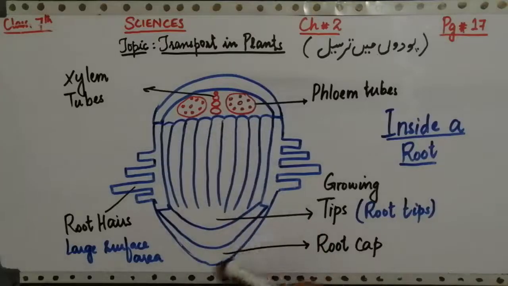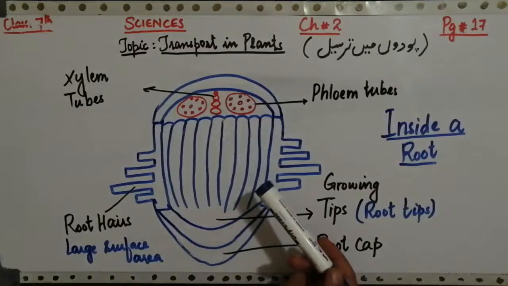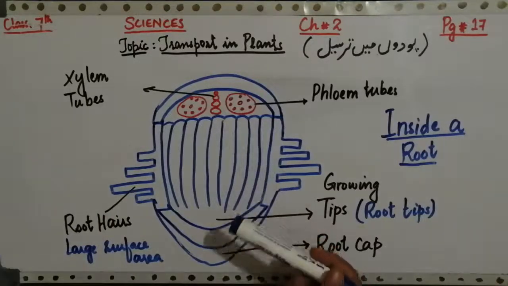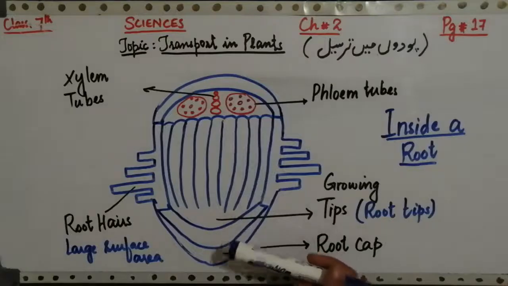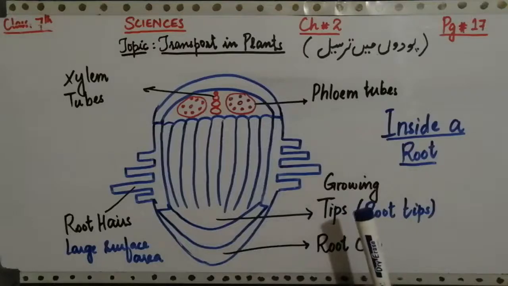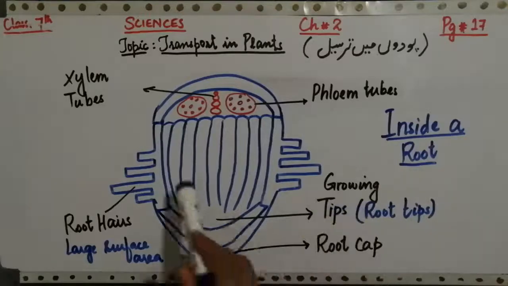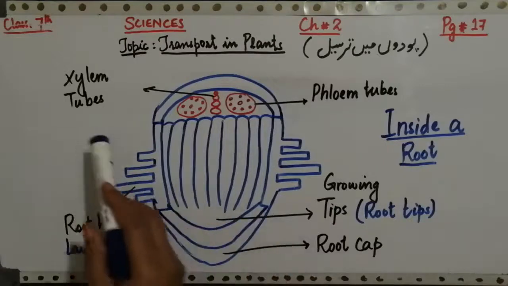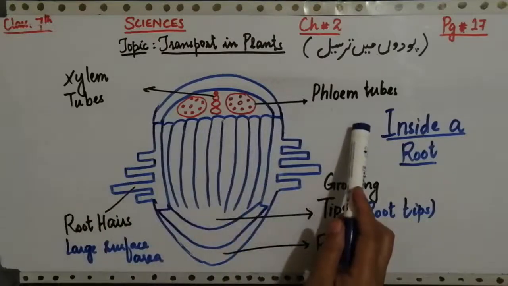The cells present in the root take this sugar, and it helps in their process of respiration and other metabolic activities as well. So this is the structure of a root, including the xylem tubes and the phloem tubes, which form the vascular bundle.